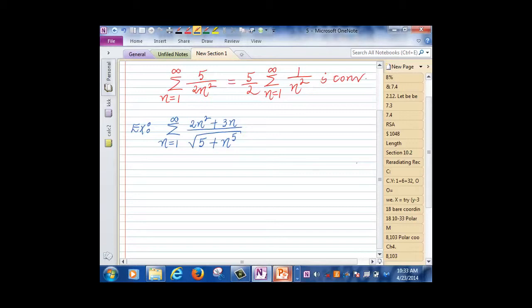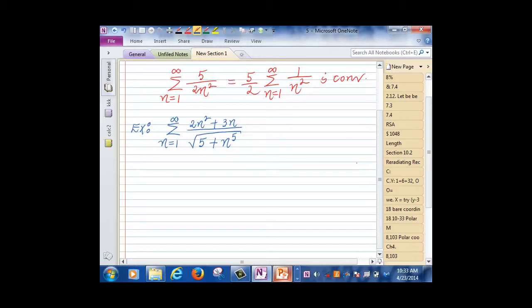Numerator, denominator, they have powers of n, right? So when n is big, we can ignore the lower order terms. What are you left with if you ignore the lower order terms? Just keep the highest order terms.